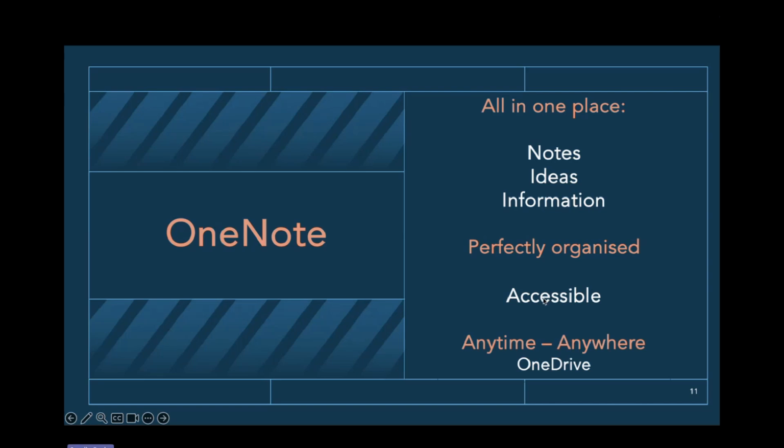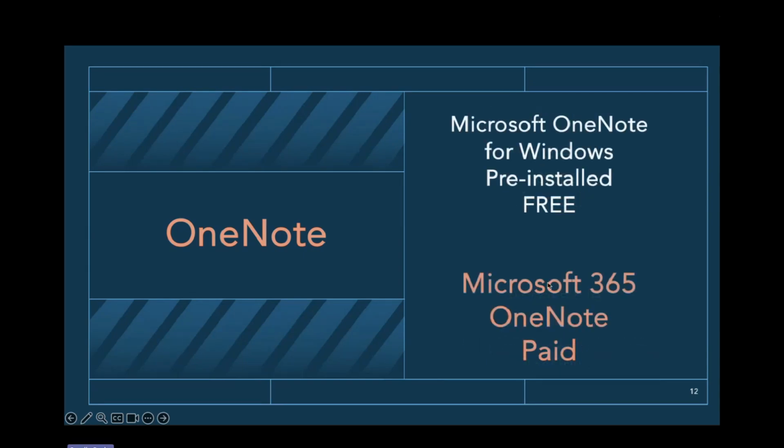To make it accessible for you anytime, anywhere, given that you save it in the cloud, of course, it goes without saying. You do get OneNote in Microsoft Windows that is pre-installed, part of your computer if you have a Windows computer, and it is for free.